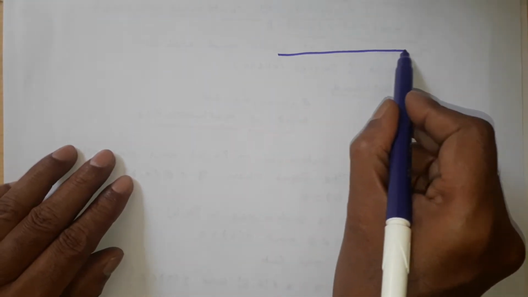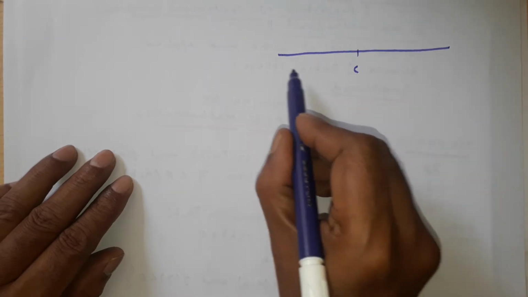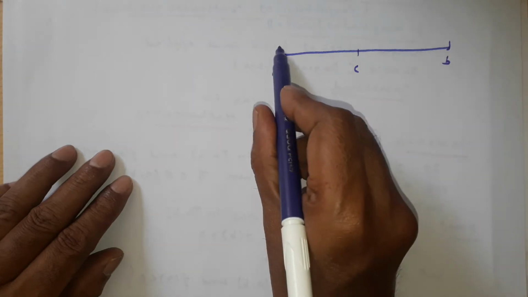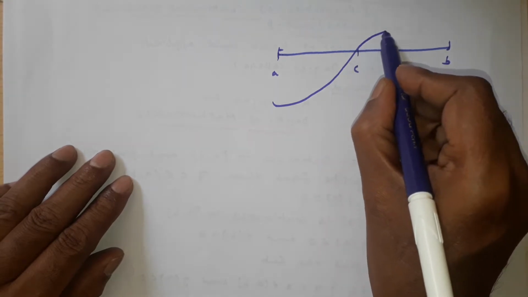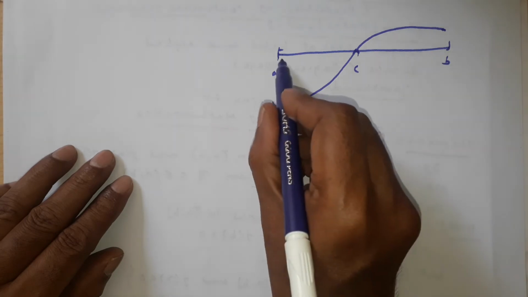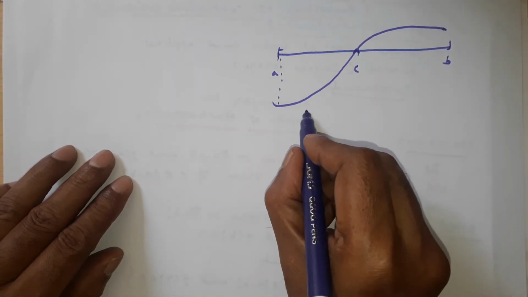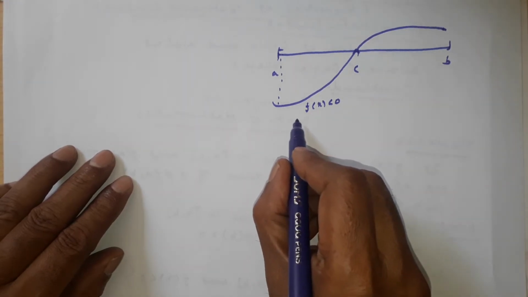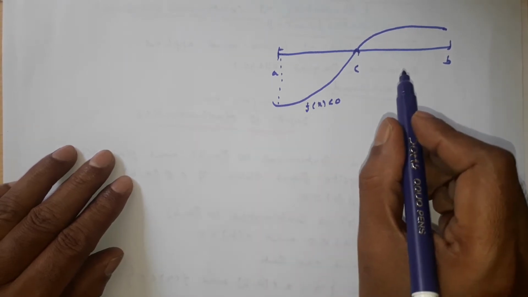So suppose this is the domain, the function, this is the point c, and this is closed interval a, and this is b. The function we define like this. This is the function. Here f of x is less than 0, and automatically f of a, on the left side, is also less than 0.